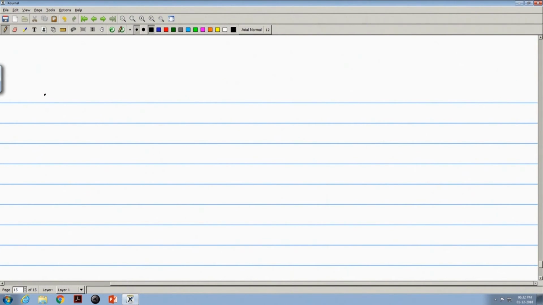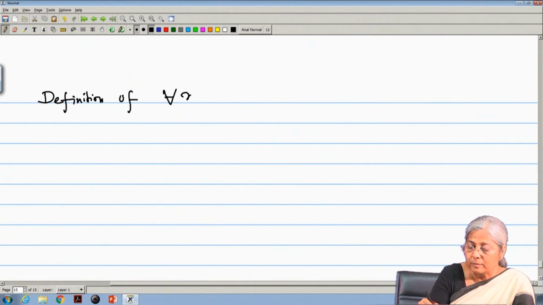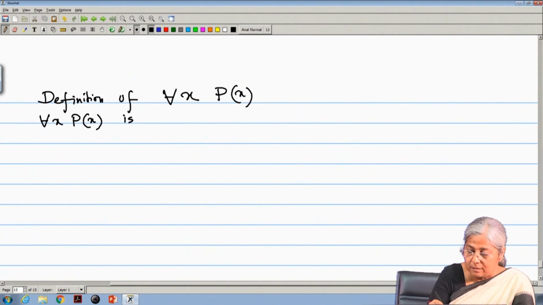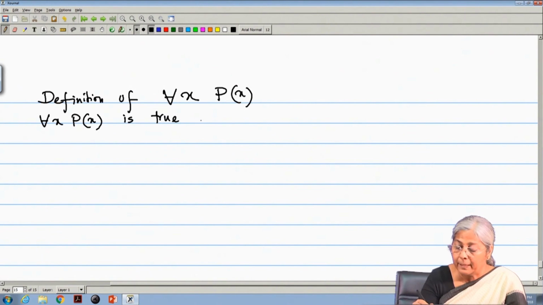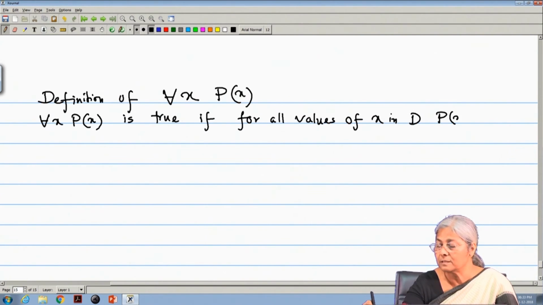From the definition, for all x P(x) is true if for all values of x in D, P(x) is true.